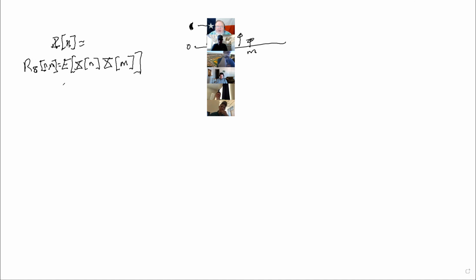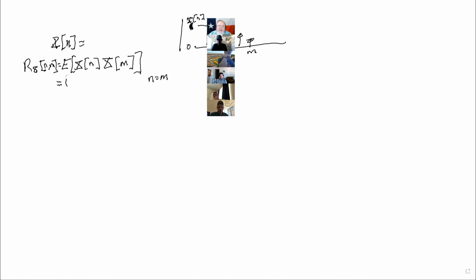Now, if indeed the process is stochastic, the expected value of x sub n and x sub m are going to be independent if n is not equal to m.